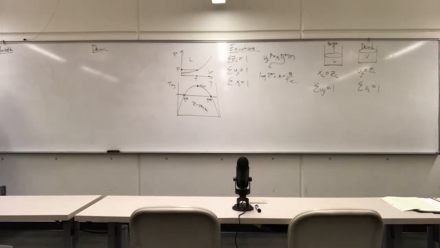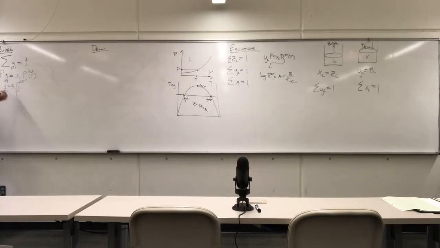Yeah. Okay, so for the bubble curve, the summation of yi should be equal to 1, okay? So we need to define yi in terms of things we know. So yi is equal to xi Pi^sat over P, and Pi^sat is a function of temperature. Okay, so we can rewrite this as yi equal xi Pi^sat over the total pressure of the system.